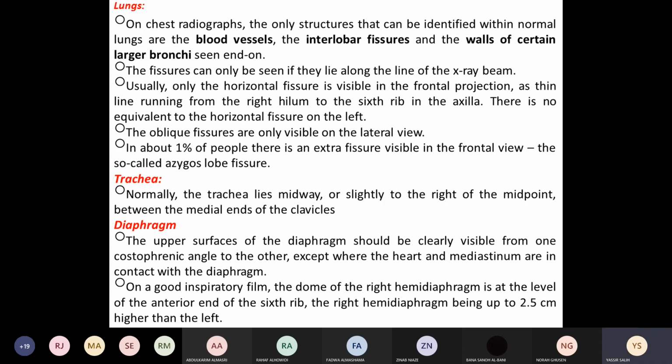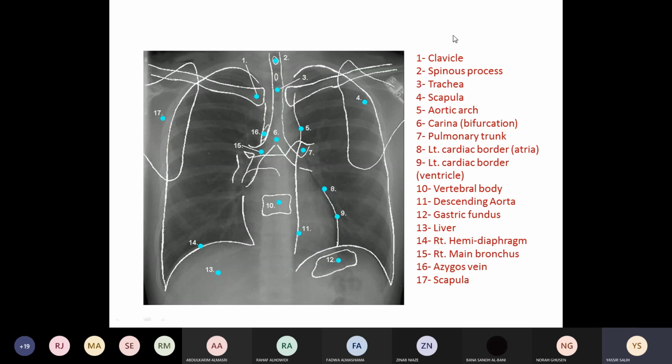How does this horizontal fissure appear? If visible, it is seen as a thin line running from the right hilum to the axilla at the level of the sixth rib.